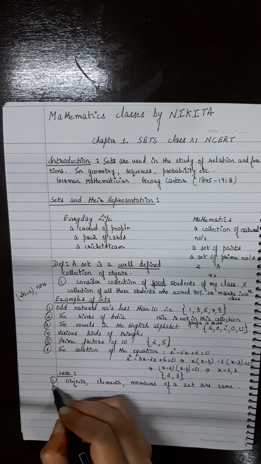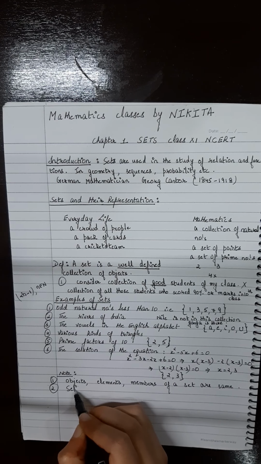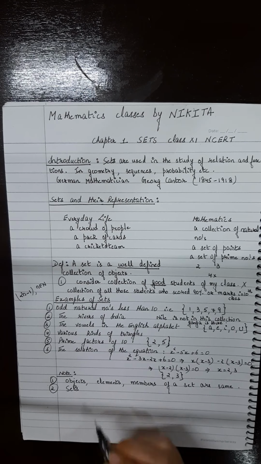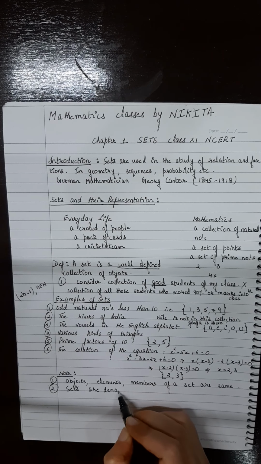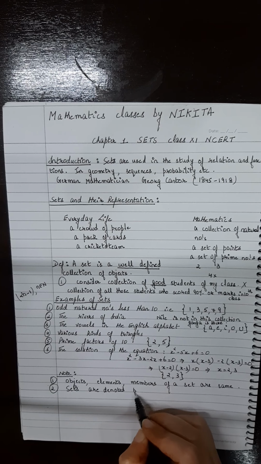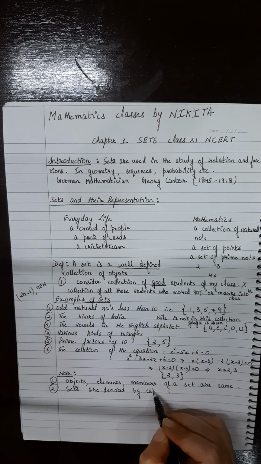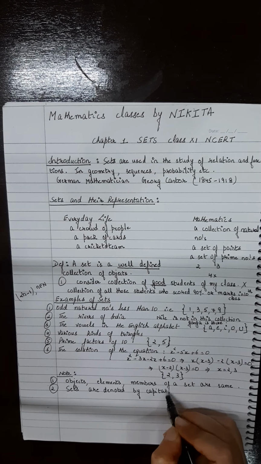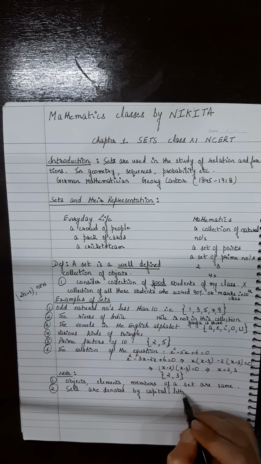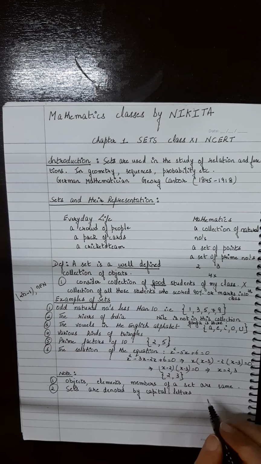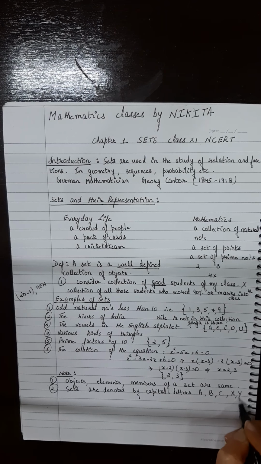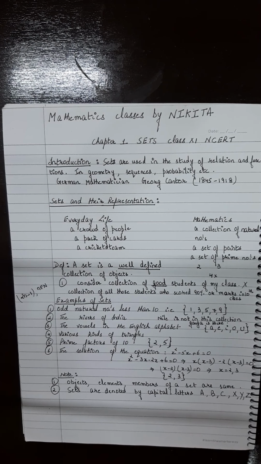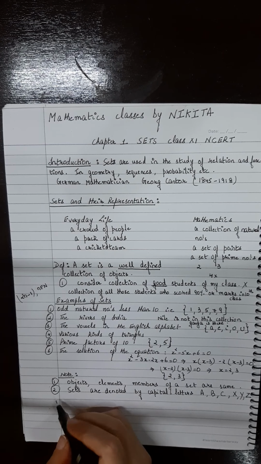Now secondly, sets are denoted by capital letters. So they are denoted by capital letters always. So this is a notation in mathematics, A, B, C. So anything X, Y, Z, has to be capital letters.